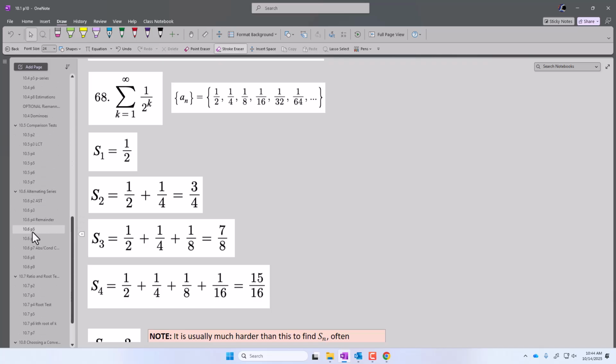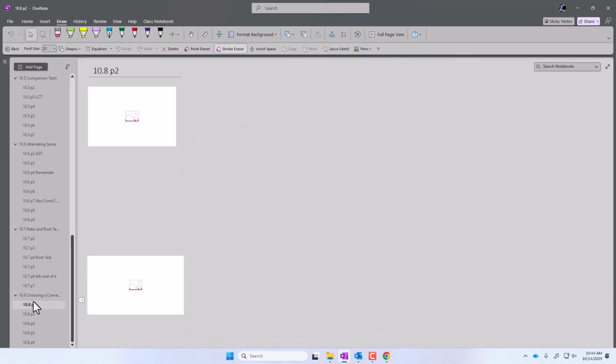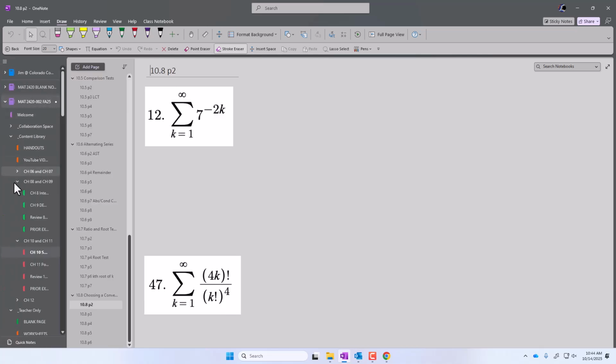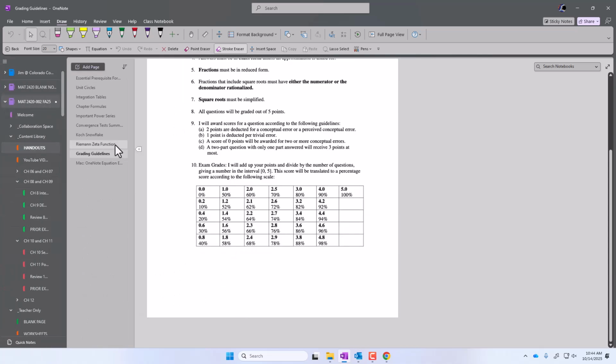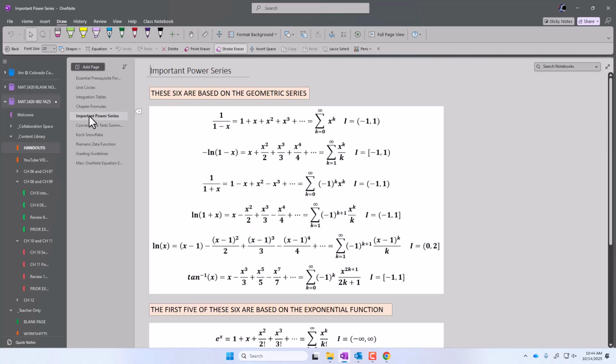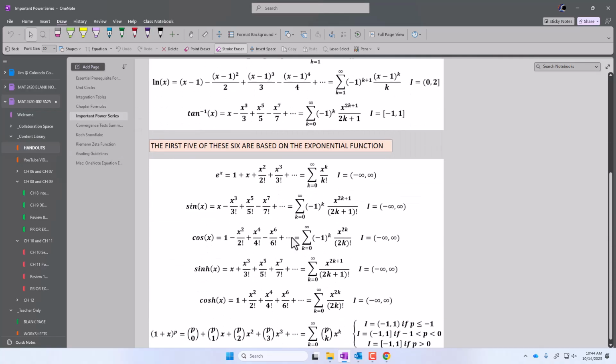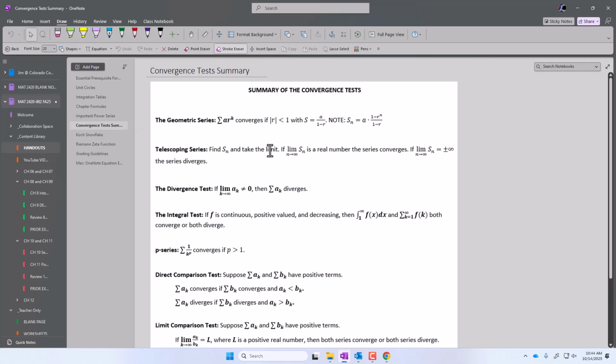If you look at the handouts, all this stuff, there are the convergence tests. The reason we have this big old thing is because 90% of the time you cannot find S sub n, so you need another way to analyze whether a series is going to be finite or infinite.